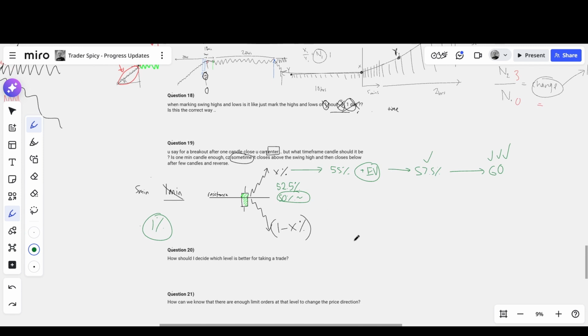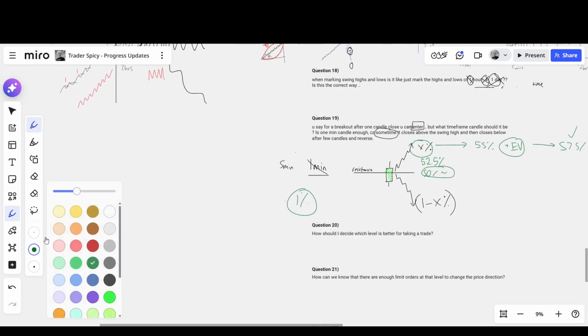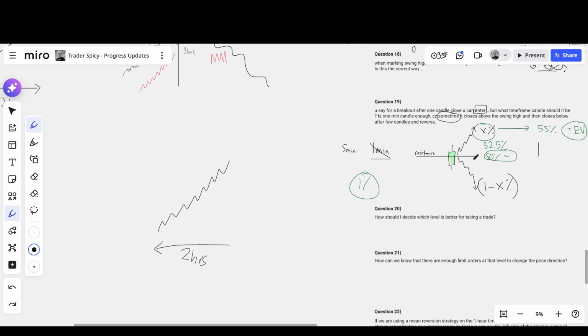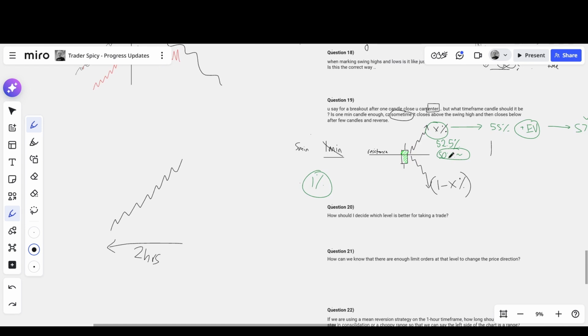So the next question is, what are the factors that could increase X in our favor? Well, if we have at least 2 hours of slow grindy staircase, this will make X go up. If you compare the results of every single time there was a candle close through a level, you might get a certain win rate.